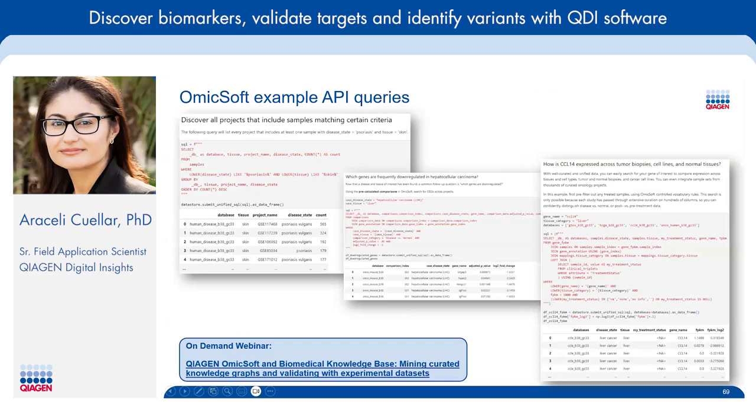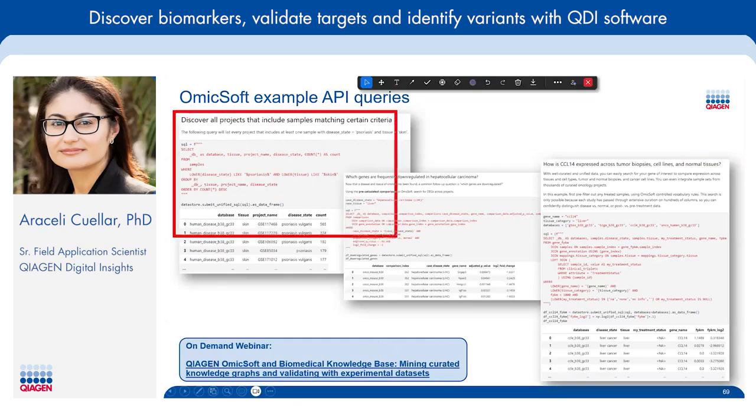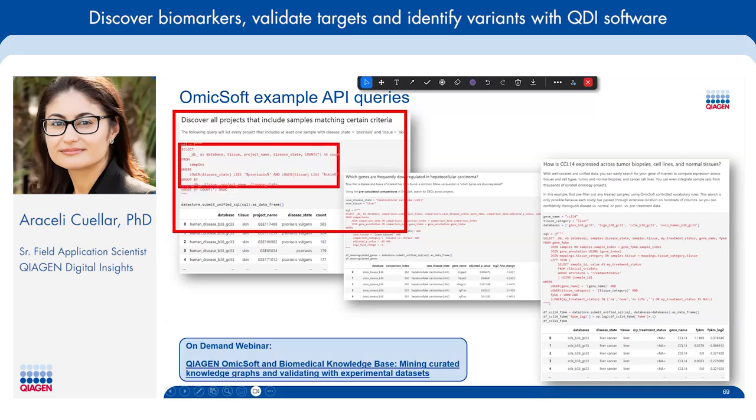So today our focus was on the GUI, but here are some examples of the queries that you can do with Omicsoft, right? You can take a look at projects that include samples with matching criteria. So you can do a query like this to pull out all the projects with Alzheimer's disease.